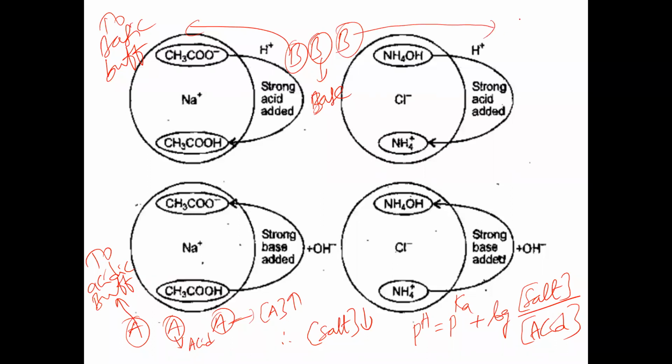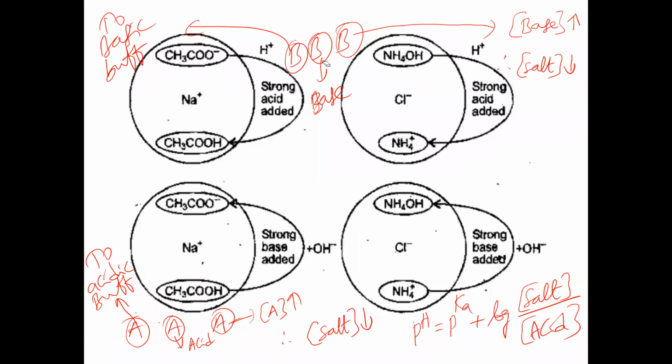The concentration of base will increase. Therefore concentration of salt decreases. Salt concentration decreases here and base concentration increases. When base is added to the basic buffer, the weak base concentration of the basic buffer will increase. Therefore, salt concentration will decrease.